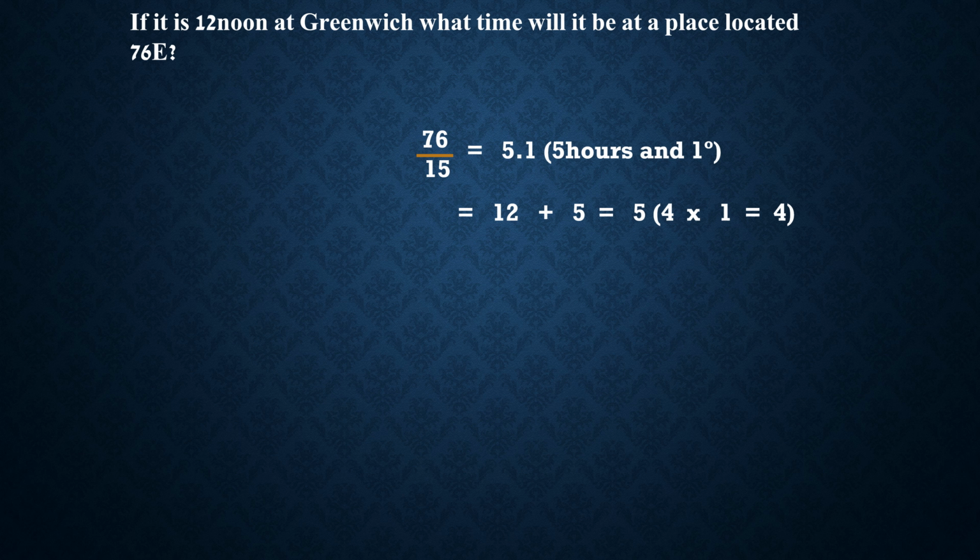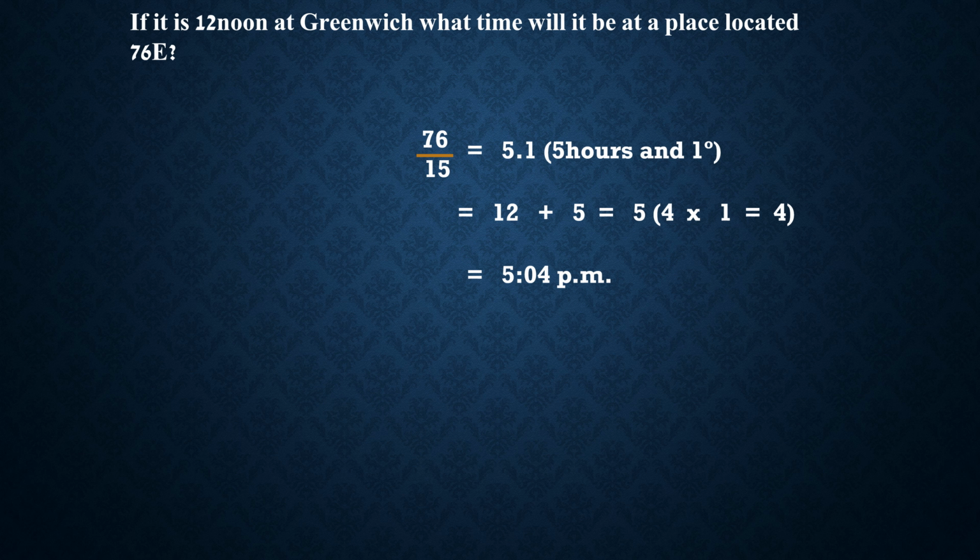Now, since we need to translate or turn our 1 degree into minutes, we will now multiply 1 degree by 4 minutes, since in principle 1 degree is equal to 4 minutes. This gives us approximately 4 minutes. 4 times 1 equals 4. So we get 4 minutes, right? Okay.